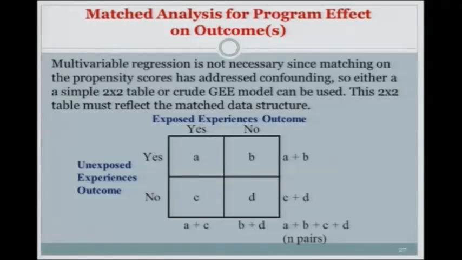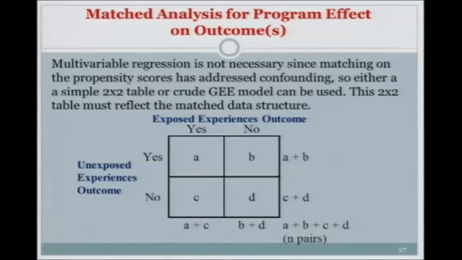If your program's working, you have a ton of matched pairs in here, right? Because the unexposed experiences the outcome. Oh, am I getting this right? I'm sorry. These matched 2x2 tables: the unexposed experiences the outcome, yes. B is where you want to be, sorry, right? If there's more matched pairs in B, your program's working. If there's more matched pairs in C, then your program is not. No. I was right the first time, wasn't I? I have to stop doubting myself.